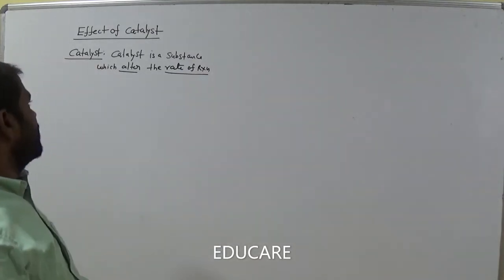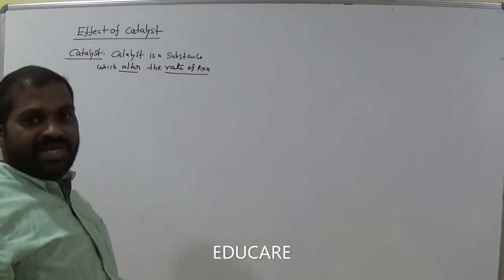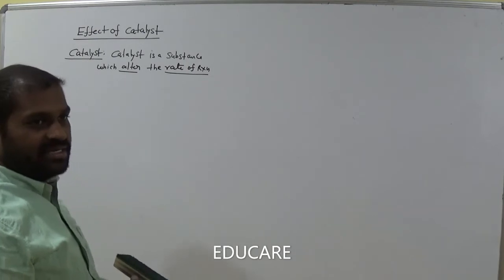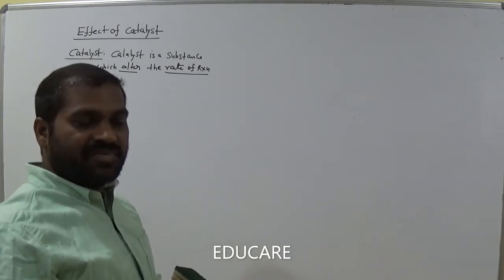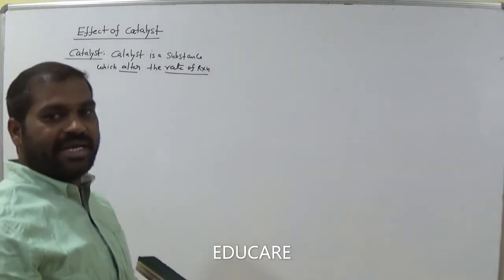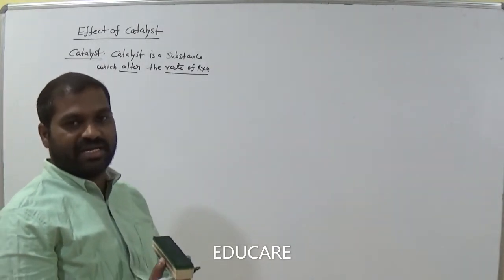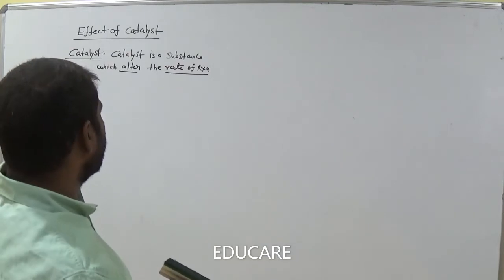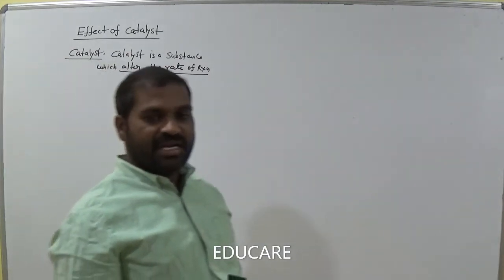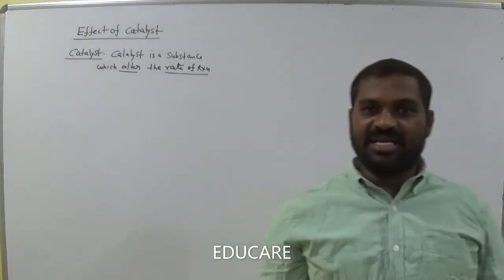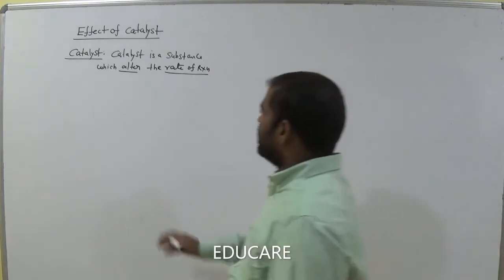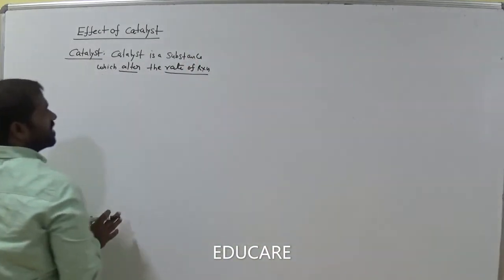That means a catalyst sometimes increases the rate of the reaction, but some catalysts try to decrease it. The catalyst which increases the rate of the reaction is called a positive catalyst. The catalyst which decreases the rate is called a negative catalyst. So finally, a catalyst is a chemical substance which alters the rate of reaction.